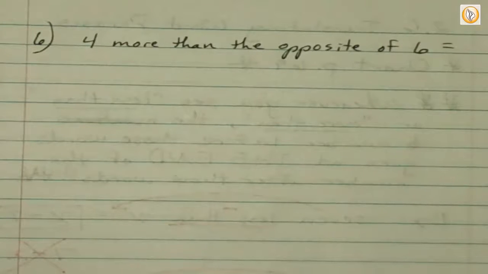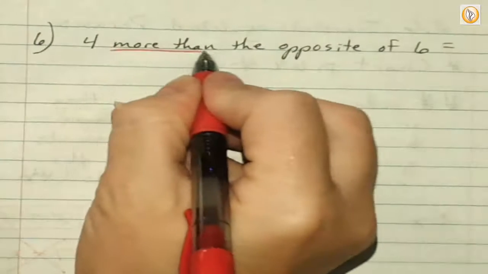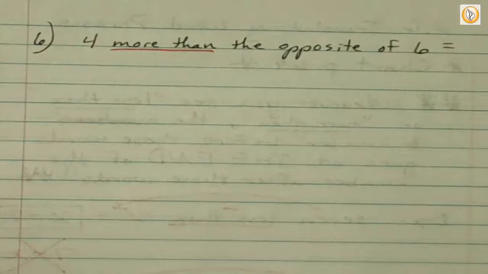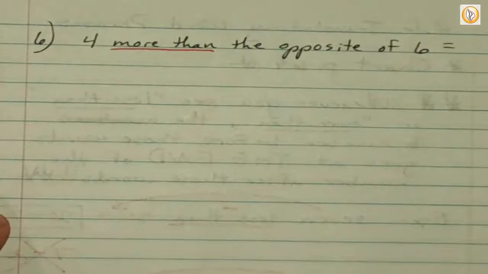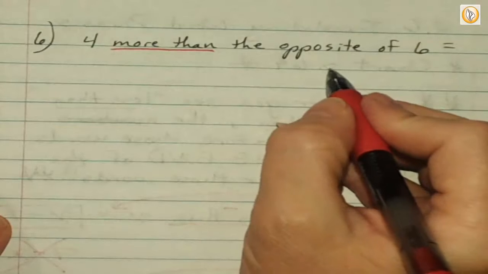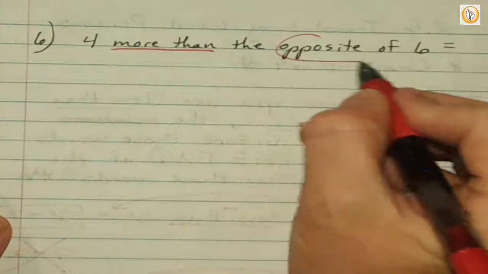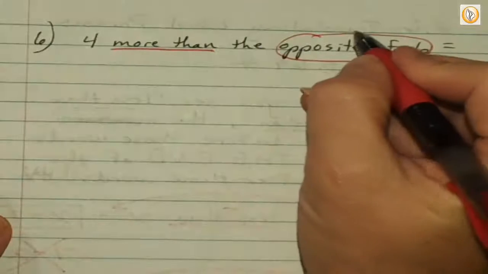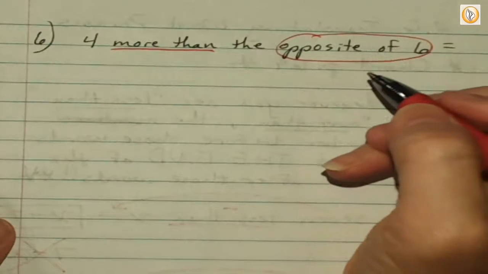Tanner. Okay, so Joseph, what are the red flag words? More than. So we're gonna write down our little clues here. What does opposite mean? Opposite of 6. What is the opposite of 6?